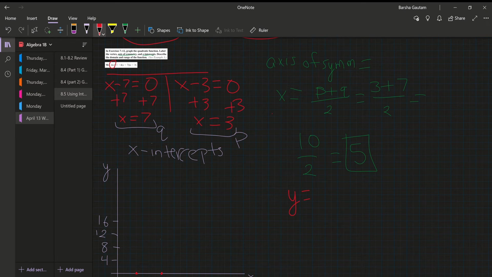Y is equal to negative 4 times x minus 7 times x minus 3. And since we have this 5, if we plug in 5 for x, we'll figure out what y is equal to. So replace all the x's with 5.